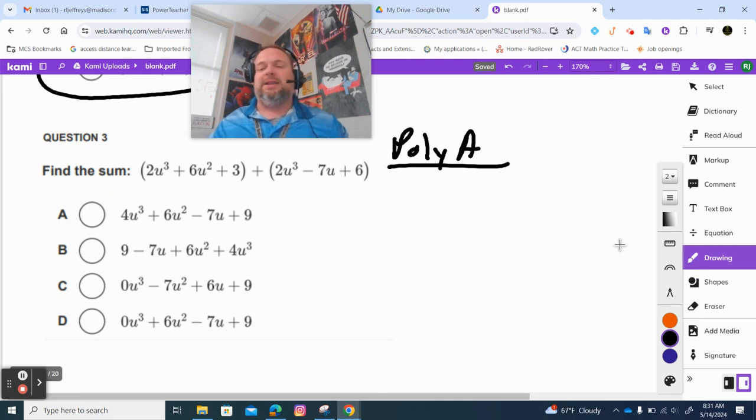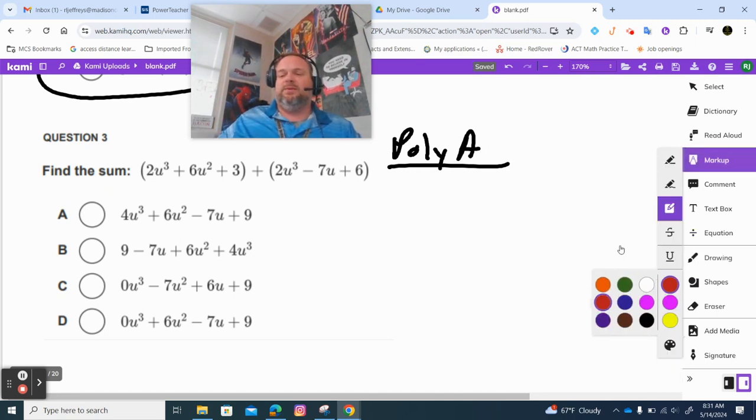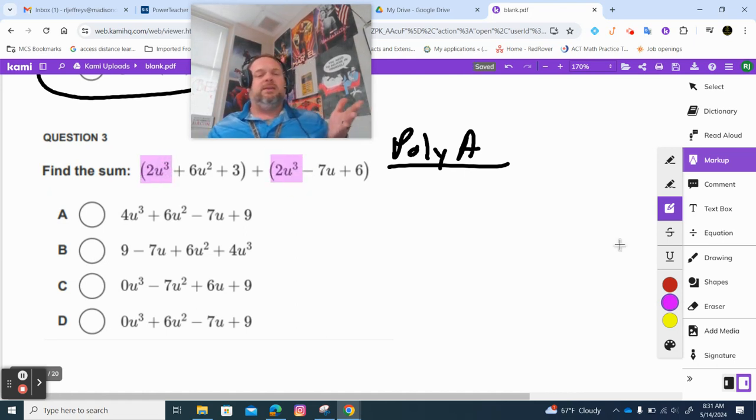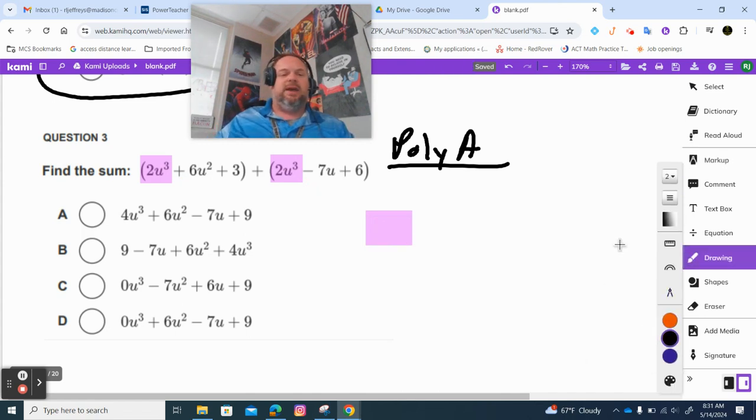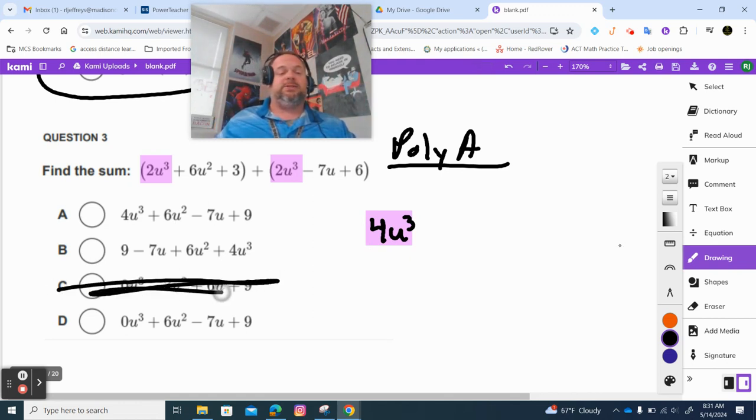All right, you add like terms: same variable, same exponent. So if I add those two together, I'm going to get 4u to the third. Now as I look through here, only 2 of these have 4u to the third. So I'm going to mark these 2 out.